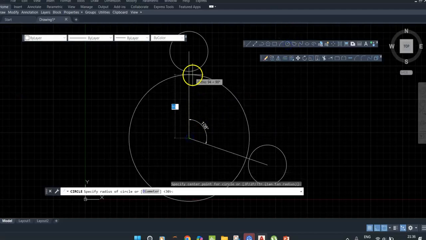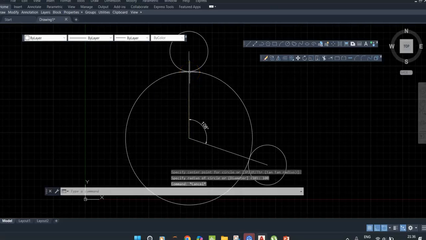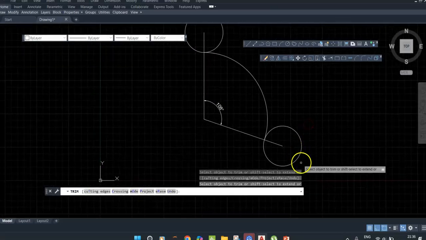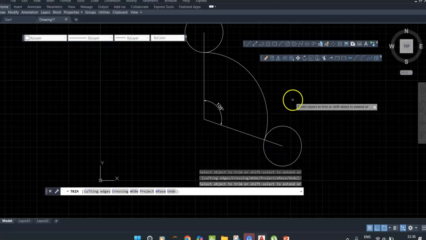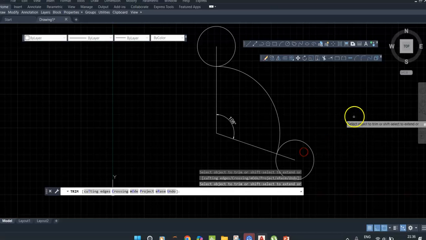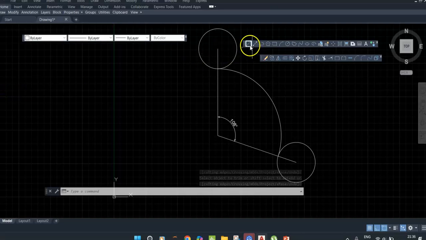Directing circle radius is 100. Trim the unwanted portions, TR double enter. This is the curvature, right?